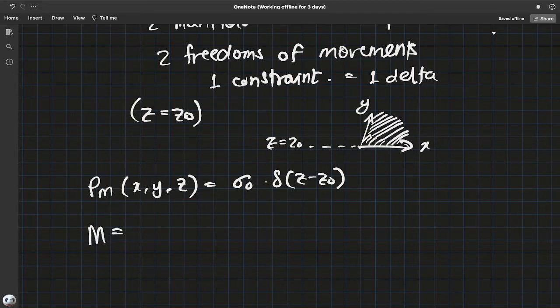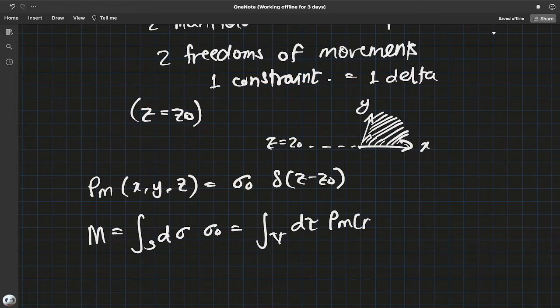Let's check if this is the appropriate density function. The best way of doing it is basically integrating. Since sigma naught was an area distribution, we can integrate over the entire area, which is the entire xy plane spanned by the x and y coordinates. So we get sigma naught equal to the volume integral of the volume element and the volume density.